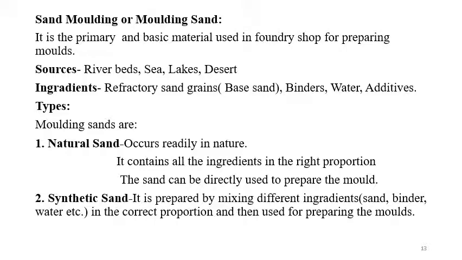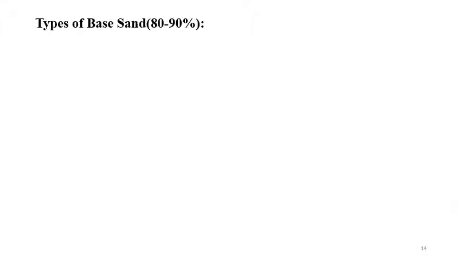So synthetic sand is prepared by mixing different ingredients. Different ingredients means sand, binder, additives, and water in correct proportions, and then it is used for preparing the mold box. So next is types of base sand. 80 to 90% is silica sand or silicon dioxide, which is called the base sand.